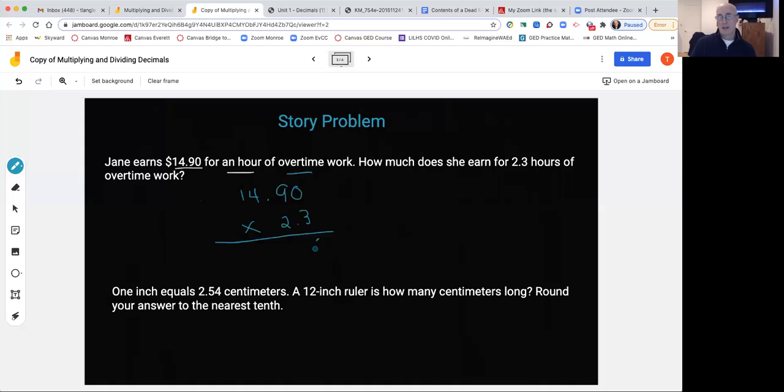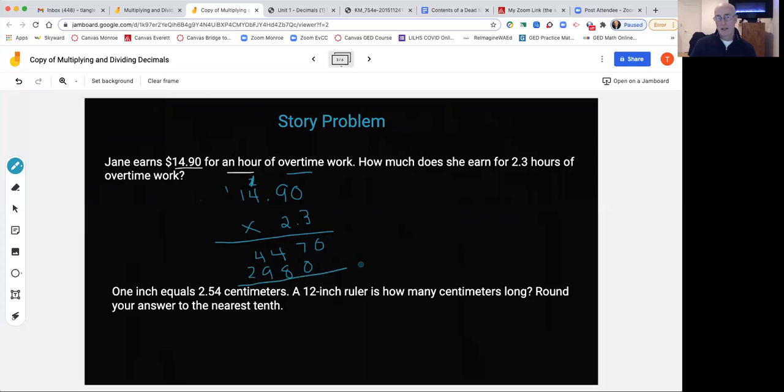If I do it real fast here, 3 times 0 is 0, 3 times 9 is 27, carry the 2, 3 times 1 is 3 plus 2 is 5. Then I multiply by the second number underneath. Notice where I put that number: I skipped a space. 2 times 0 is 0, 2 times 9 is 18, carry the 1. By the way, I should have erased these. 2 times 4 is 8 plus 1 is 9. 2 times 1 is 2.